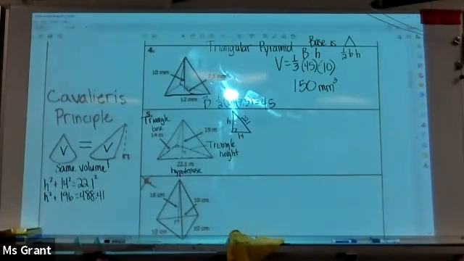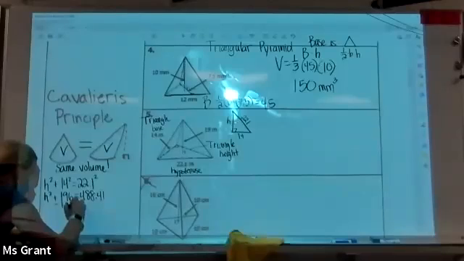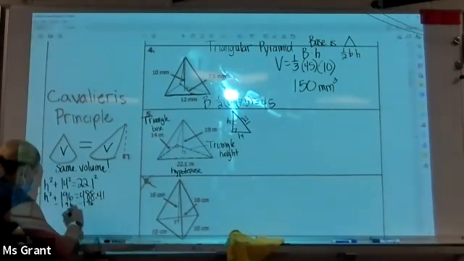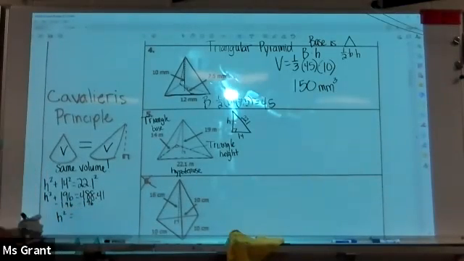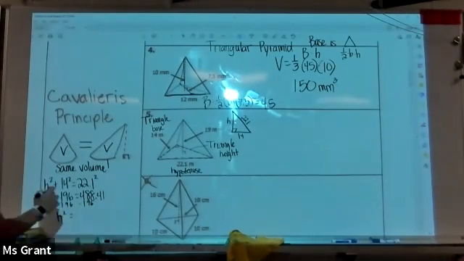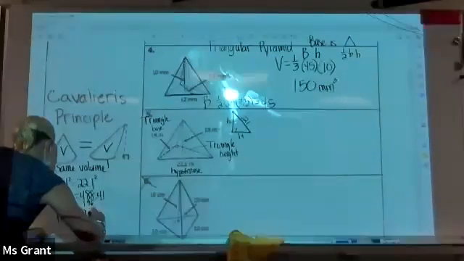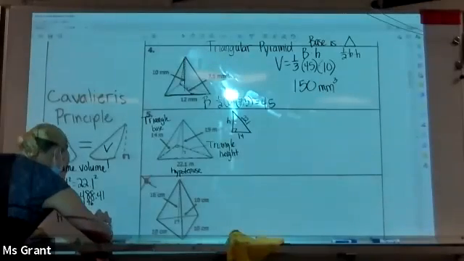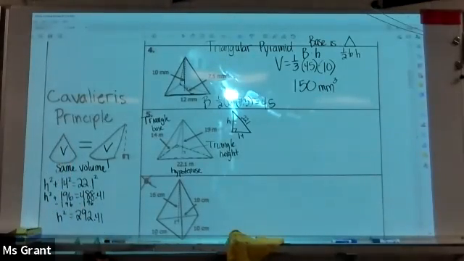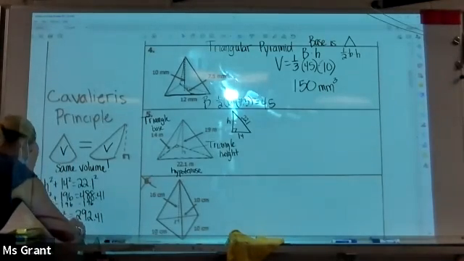I need to subtract 196. H squared is 292.41. My height, square root both sides.